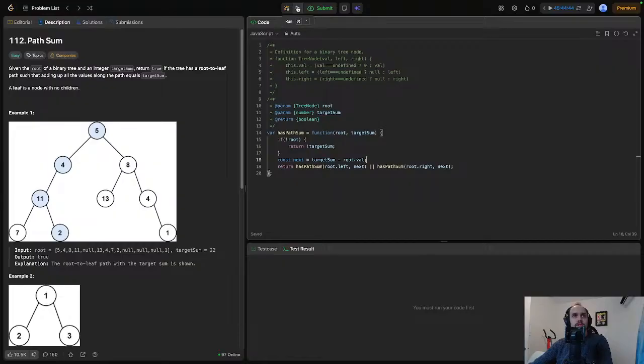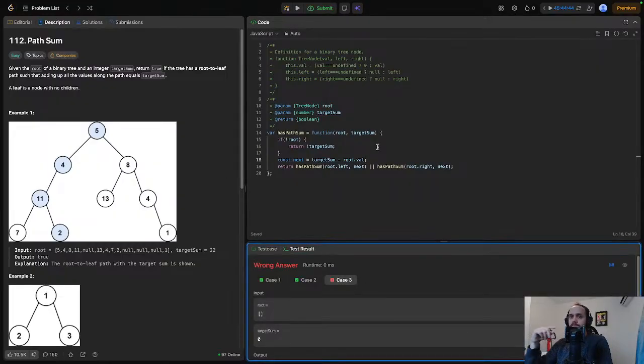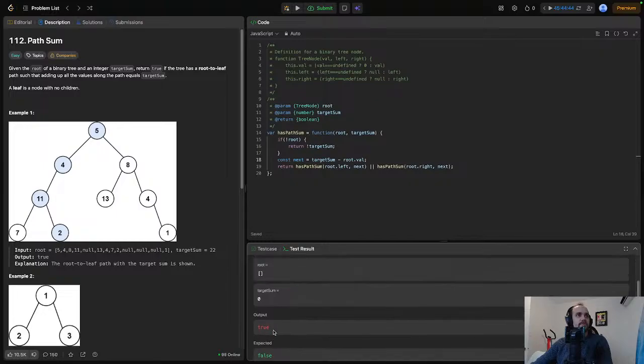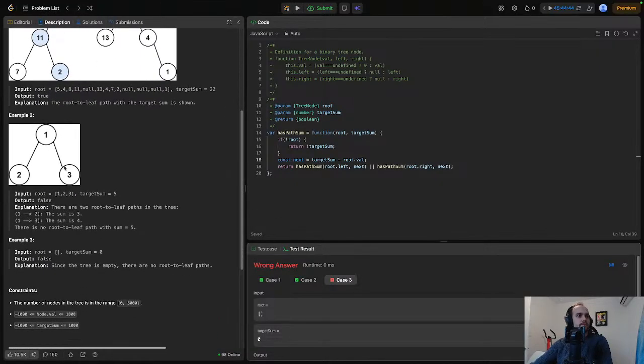So we can attempt to run it, see if we understand the problem. So it's empty, target sum, the output is true, but expected false. Does it say that exactly? Since the tree is empty, there are no root-to-leaf paths.